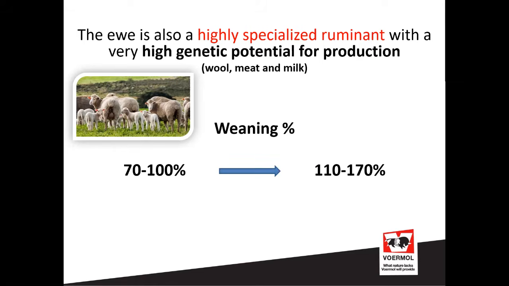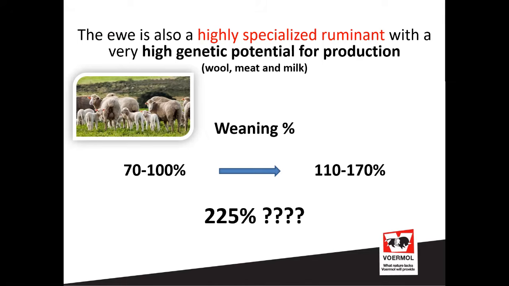Right, so if we look at weaning percentages, let's look at historical values. We were happy with about 70% to 100% weaning percentage, let's say about 40, 50 years ago. Today, in the extensive systems, we're moving towards 110%. And in the more intensive systems, we'd like to get up to about 170%.